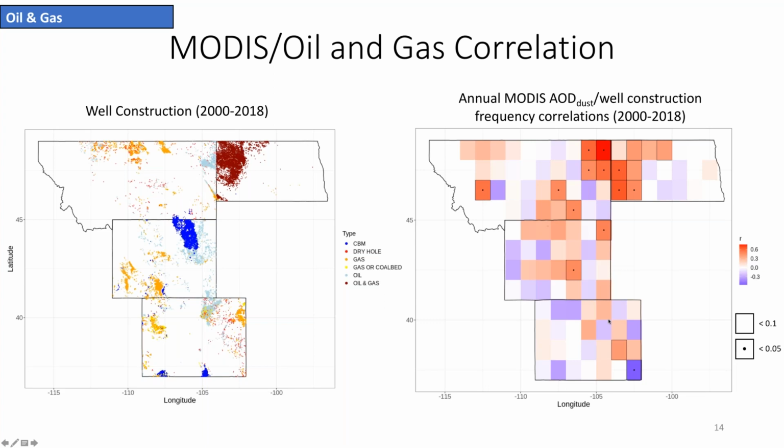And we don't see much in the way of statistical significance in Wyoming or Colorado, perhaps due to the complex topography there. But as we move into flatter, more consistent topography, we do see high correlation and statistical significance, especially in eastern Montana and western North Dakota, where oil and gas wells are densely packed from the 2000 to 2018 time frame.